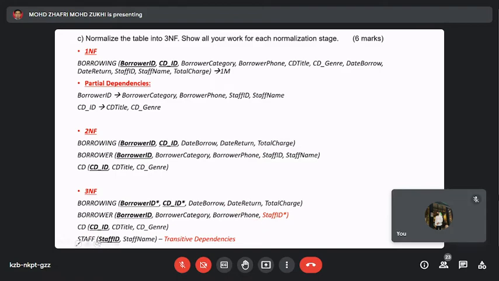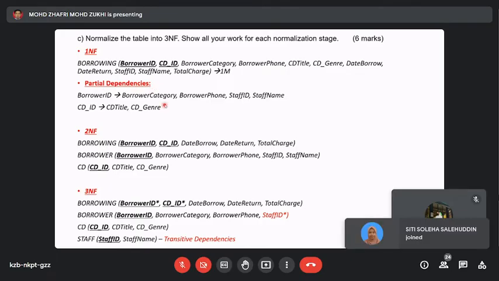So for staff ID, it is a transitive dependency. Transitive dependency means that in the first normalization form, the attribute doesn't belong directly to the primary key. If you take a look, staff ID and staff name here did not involve partial dependencies.